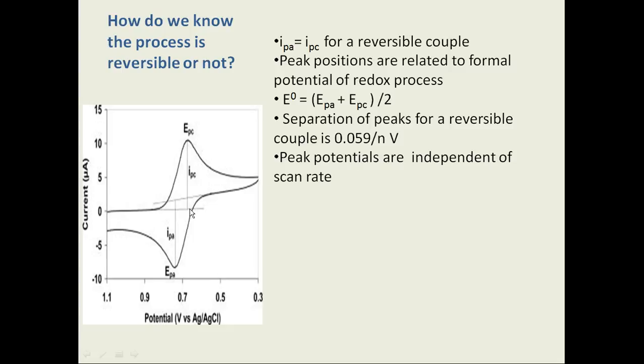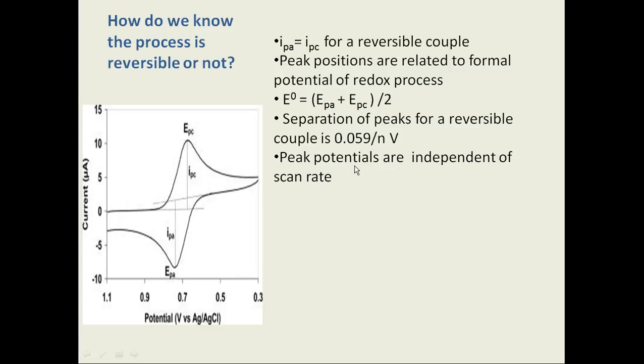That means this separation, where IPA is at around some potential and IPC at around some potential, this potential difference between IPA and IPC for a reversible process is 0.059 by n, where n is the number of electrons getting reduced.